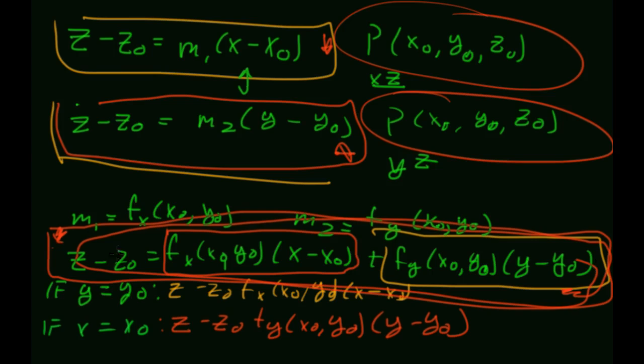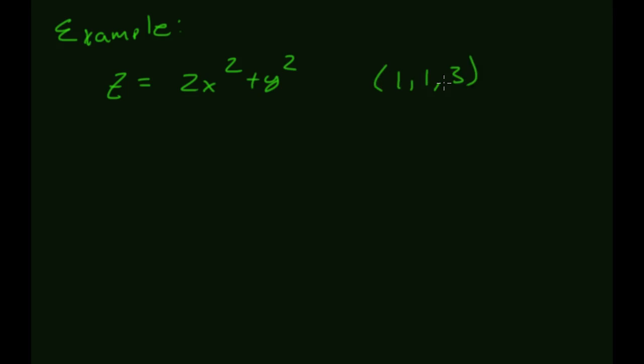This is kind of messy at this point, but let's look at an actual example. Let's say I want a plane that's tangent to z equals 2x squared plus y squared, and I want to do this at the point 1, 1, 3. It should be pretty clear that if x and y are 1, z comes out as 3, so that's definitely a point on this surface.